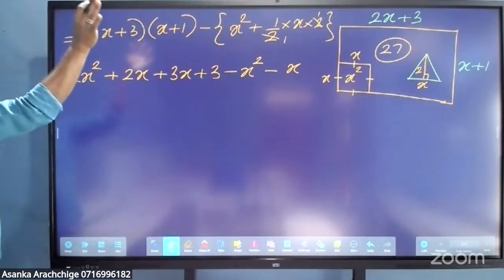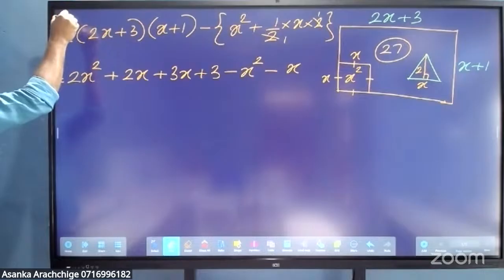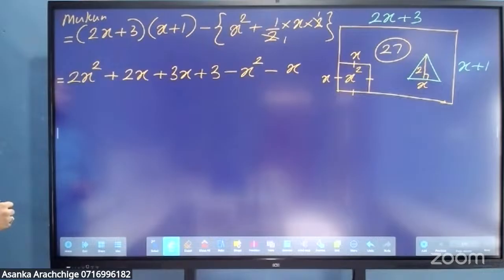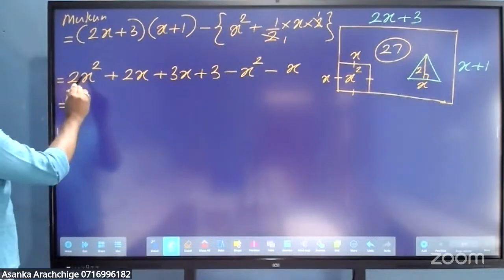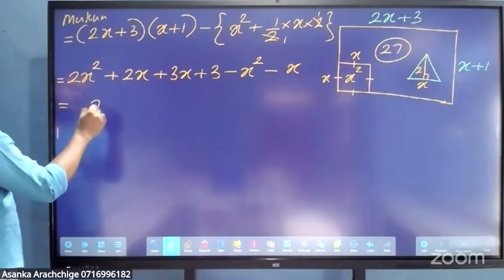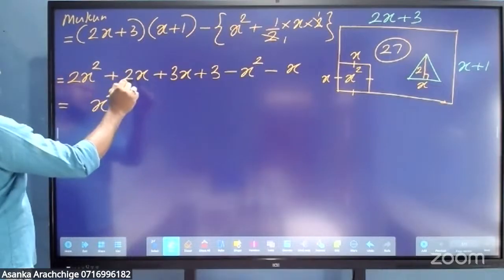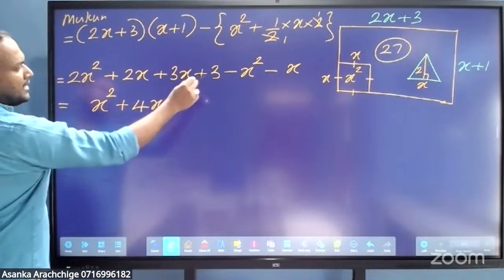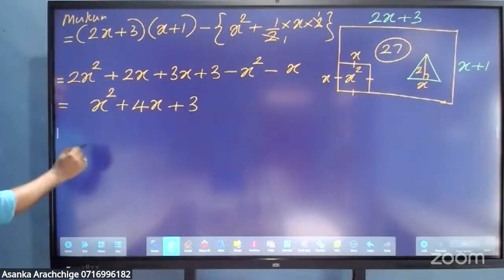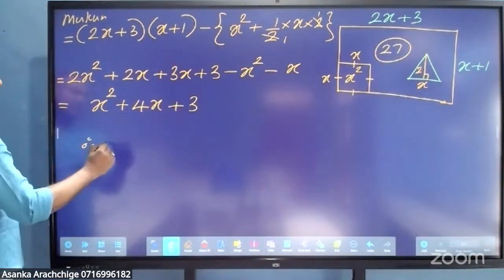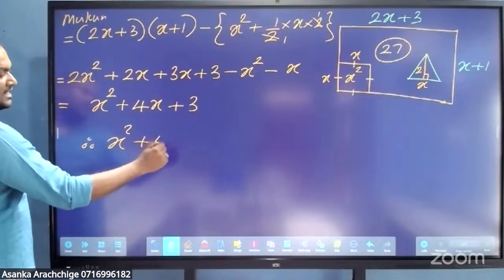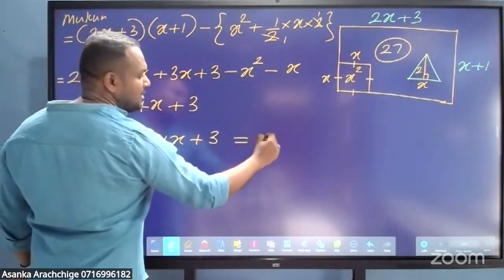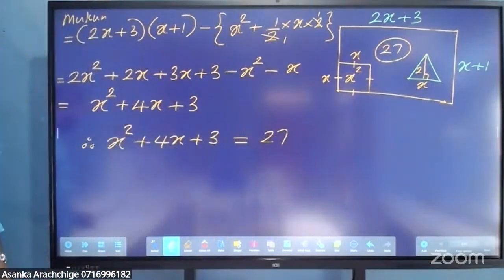Again, the area of the land where Mukunuwenna is grown equals 2x squared minus x squared, x squared, 3x plus 2x, 5x minus x, plus 4x, then plus 3. Therefore this area, x squared plus 4x plus 3, must be equal to 27.